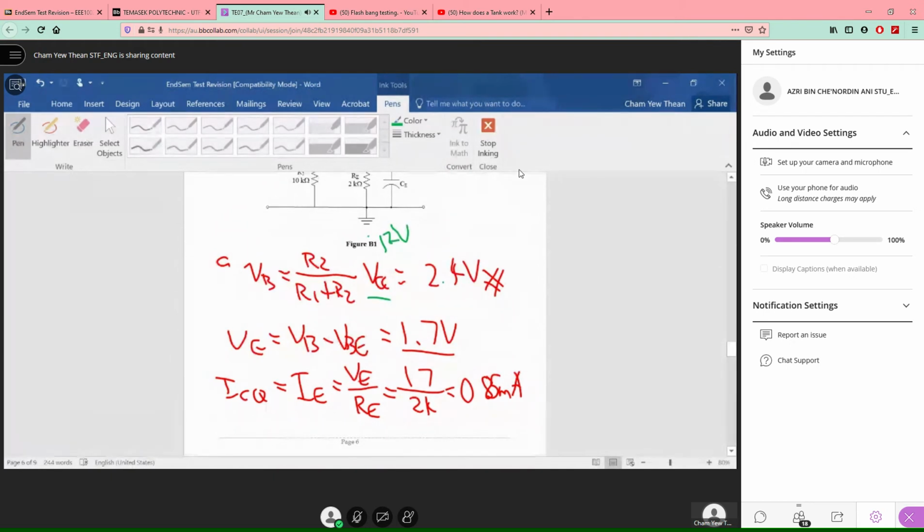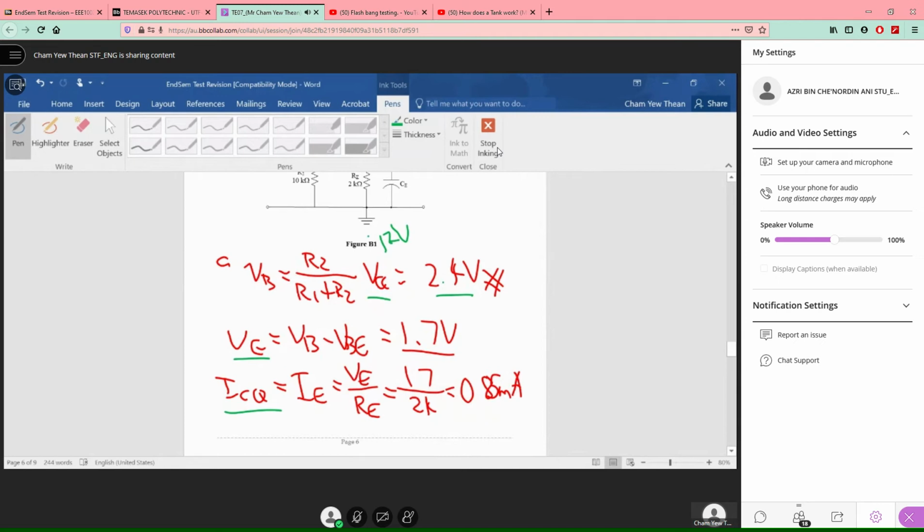Then once you calculate your VB, it is 2.4 volt. Your VE will be VB minus VBE, which is 2.4 minus 0.7, the forward bias voltage of a diode. So it's 1.7 volt. And with your VE calculated, you can calculate your ICQ.